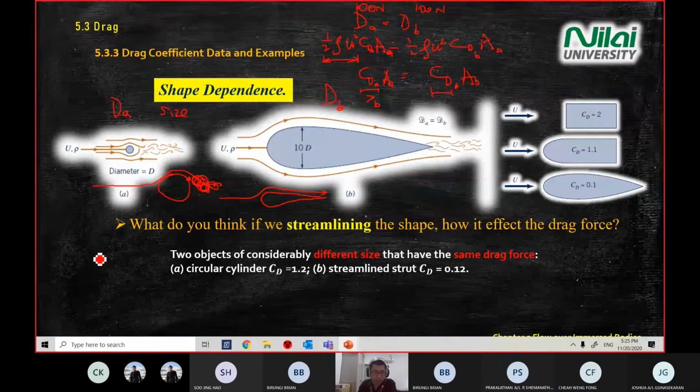So what happens if I give you the same diameter of ball, for example the same 10D here, but the shape is round and one is the airfoil shape? So CD for round will be 1.2, a bit higher than the airfoil shape. The argument point is the shape.